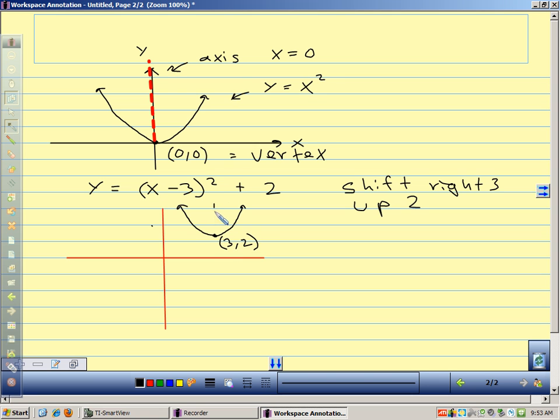And my axis would be here at x equals 3. So the numbers here tell us where our vertex moves to with our parabola. And what would happen if I had a negative in front of the parentheses here? What would that do to the graph?